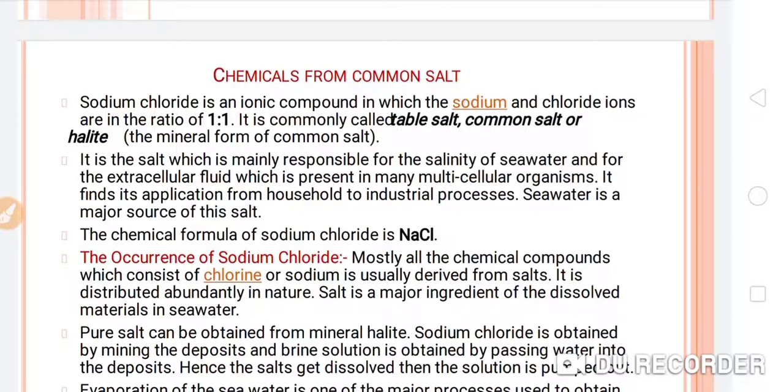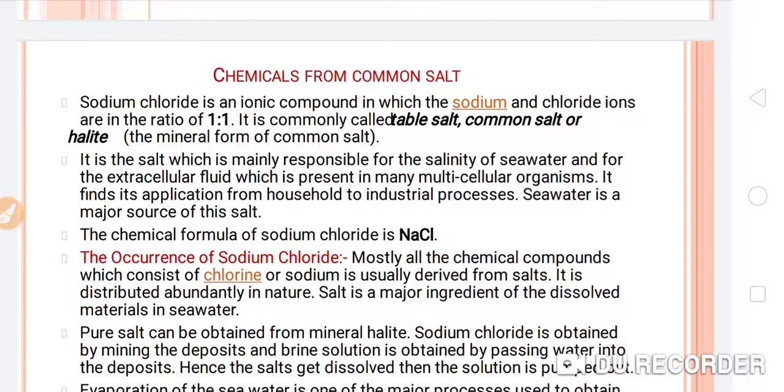Now next, it is the salt which is mainly responsible for the salinity of seawater and for the extracellular fluids present in many multicellular organisms.